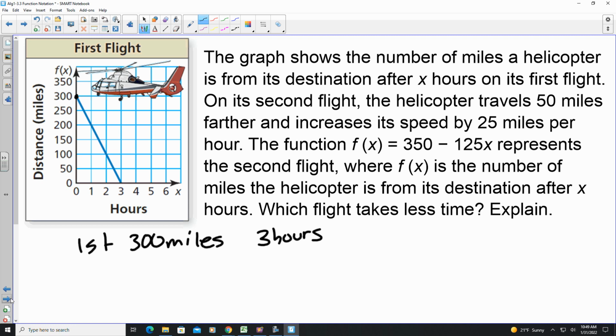So it says which flight takes less time. Using the function notation, if I were to say x is 0, I would say that the second flight is 350 miles.